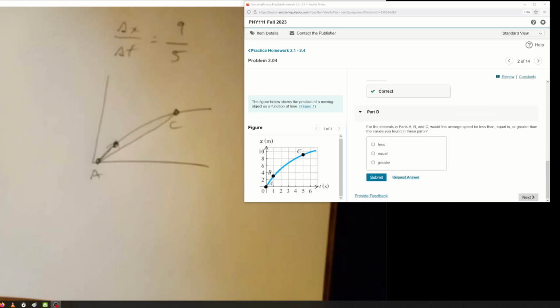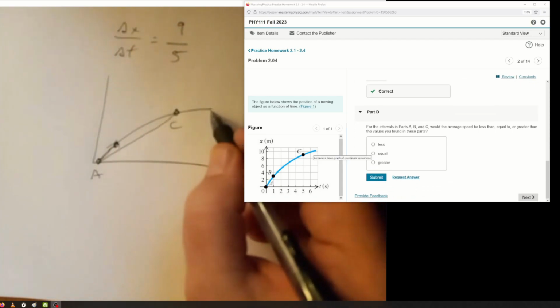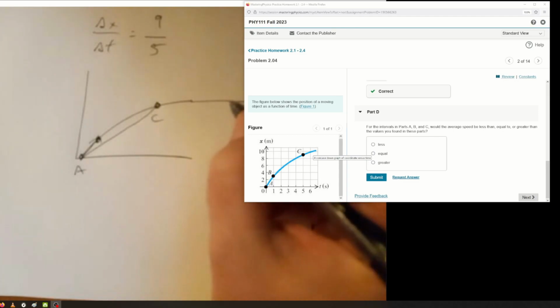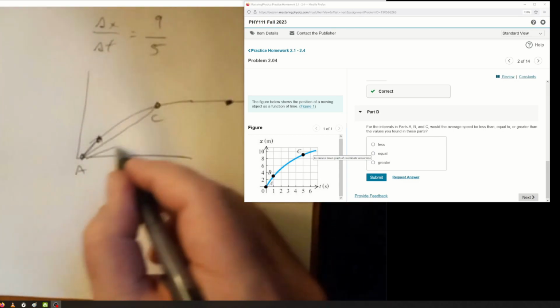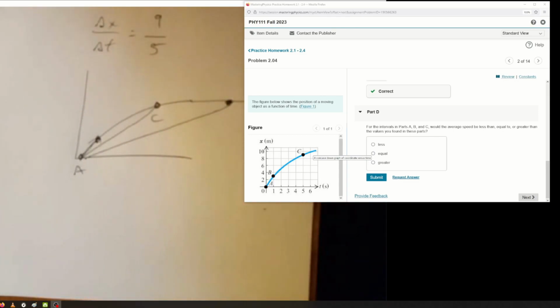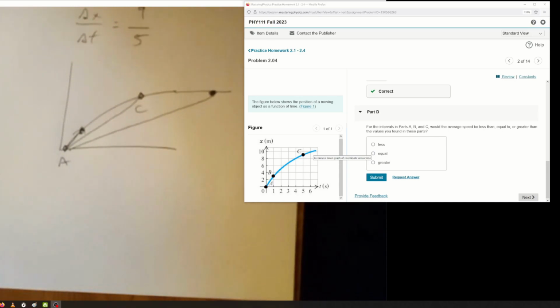So if we look at the graph as it keeps going on like this, let's say if I pick a dot way over here, the average velocity is going to be a less steep slope, meaning it's getting slower. So the average velocity is decreasing if we assume this curve keeps going on like this. So the average velocity will be less than all of these values that we got.